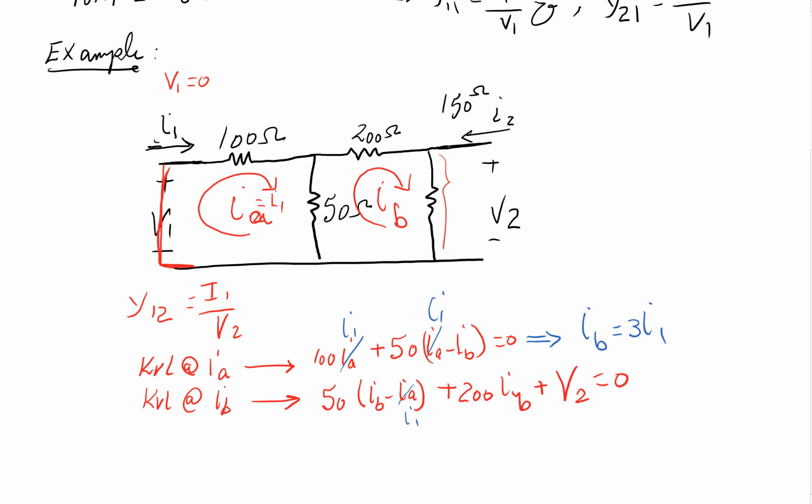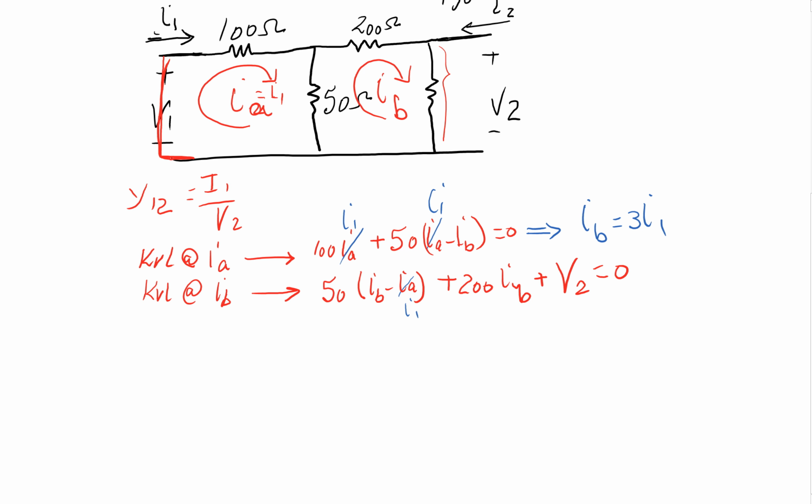Great, so I can plug that back in here, and I'm going to have an equation which is 50 times (3 I1 minus I1) plus 200 times 3 I1 plus V2 equal to 0.